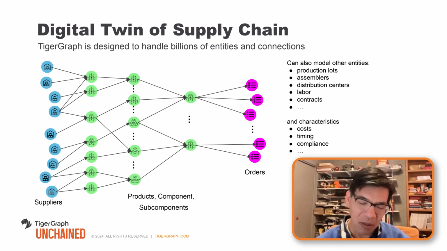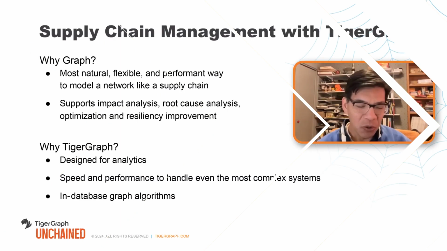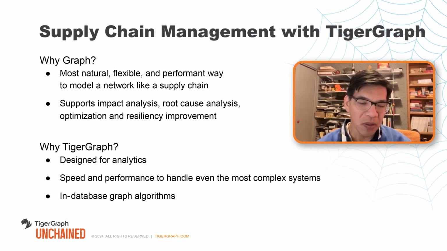Okay, but aren't there existing tools that manage this? What are they doing? What is graph doing differently? I'd like to take a moment to talk about that and what the challenges are that only something like TigerGraph is really suited to handle. Traditional tools are based under the hood on tabular data, so there's a mismatch between how they represent the data internally and how the user envisions it.